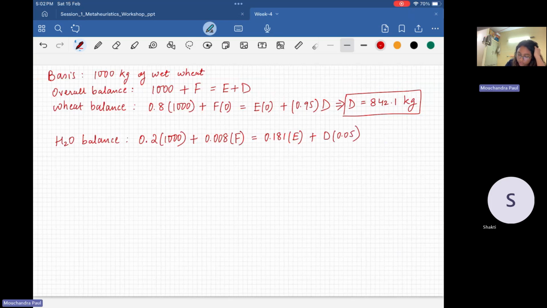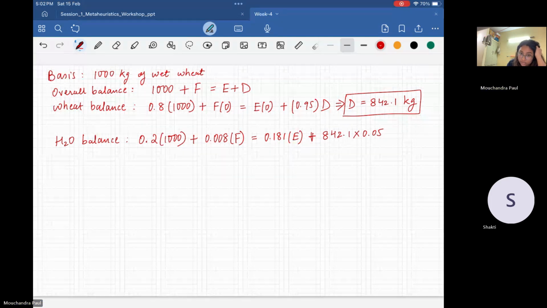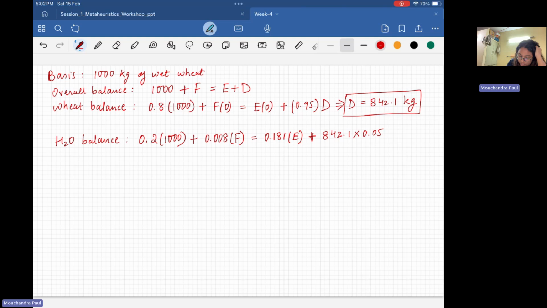So D we already know. So rather than writing D, we can write 842.1 into 0.05. Okay. So we have two unknowns, F and E here. So we can't solve it yet.